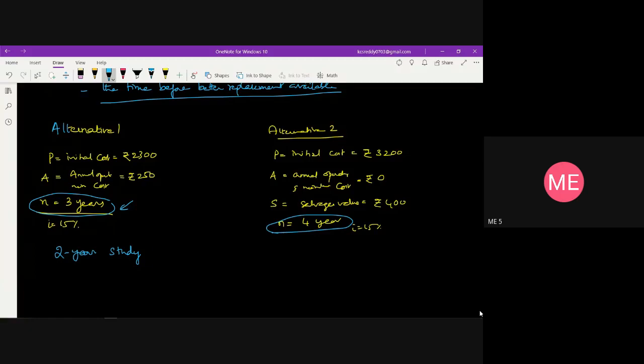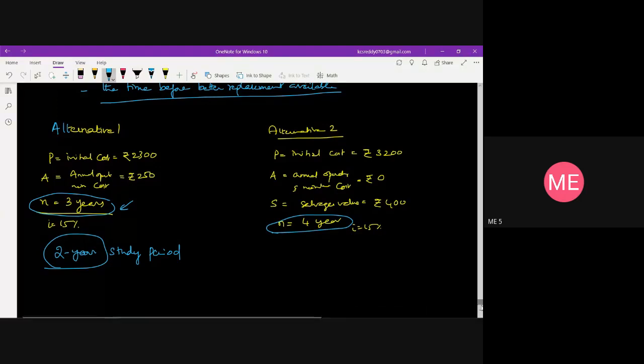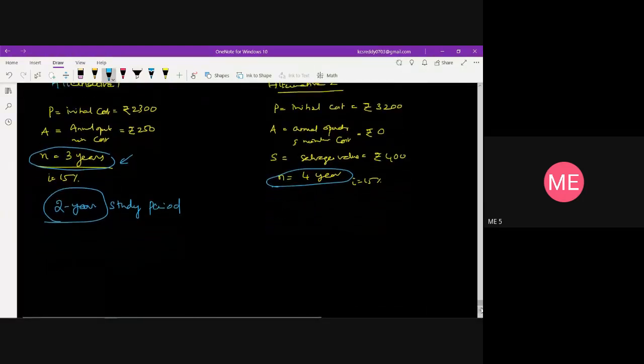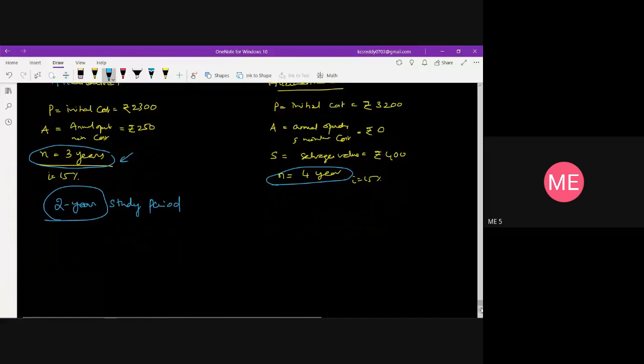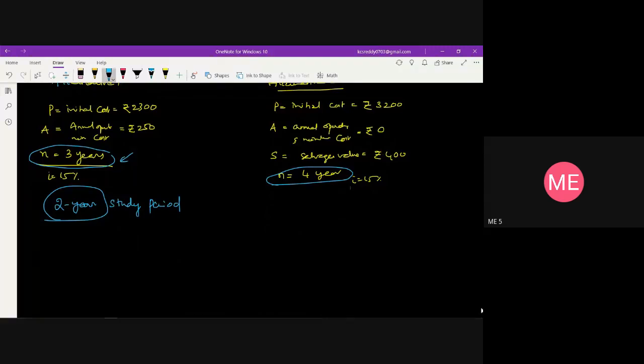This is the known service we have taken. Of the three options, shortest life, known duration, and the time before a better replacement is available, I have chosen the known service, a 2 year study period. So we draw the cash flow diagram for alternative one and alternative two, or asset one and asset two.